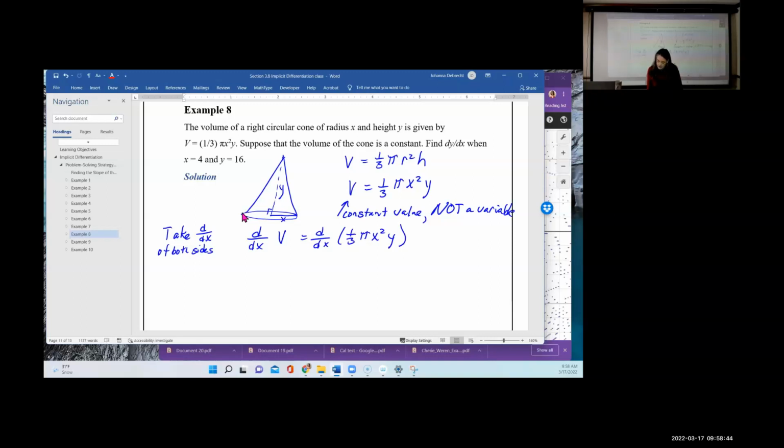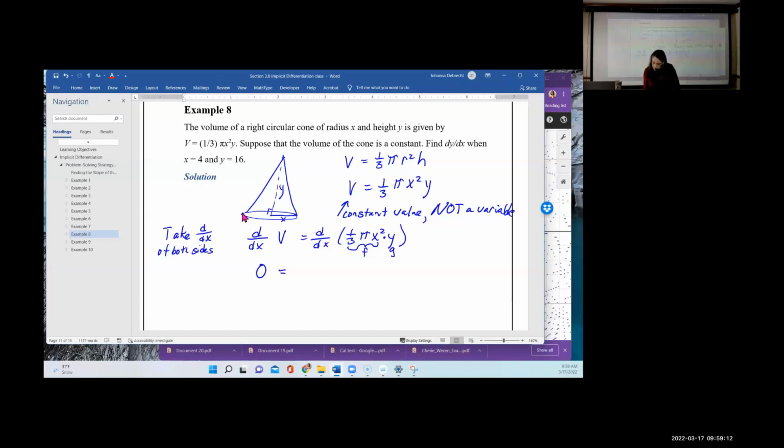V is a constant, so the derivative of it gives us 0. On the right side, pi is a constant, so we have the product rule really between x squared and y, and the 1/3 pi is a factor on each. I'm going to pull the 1/3 pi along with the x squared as part of f, and I'll let y by itself be g, the second factor.